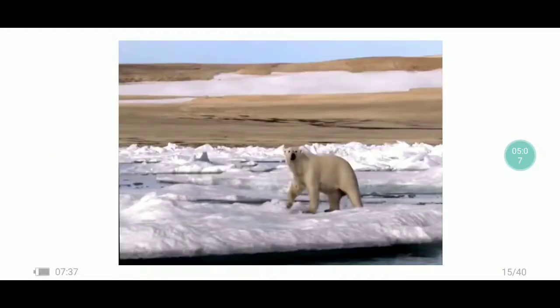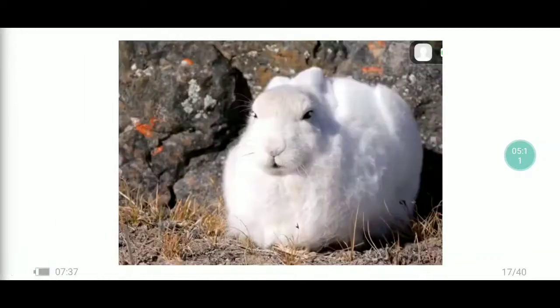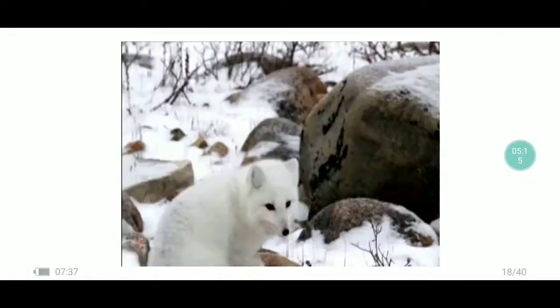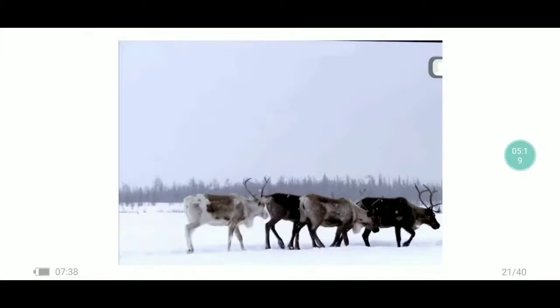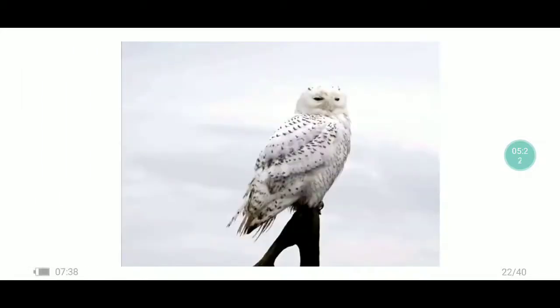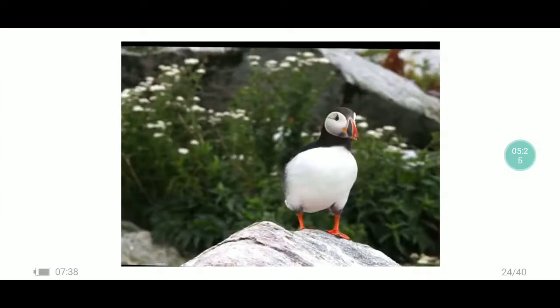Animals like polar bears, Arctic hares, foxes, lemmings, caribous, reindeers, snowy owls, and Arctic terns are found in this region.